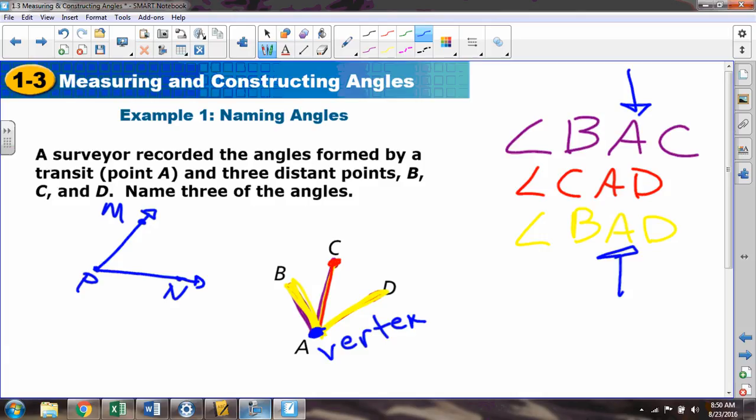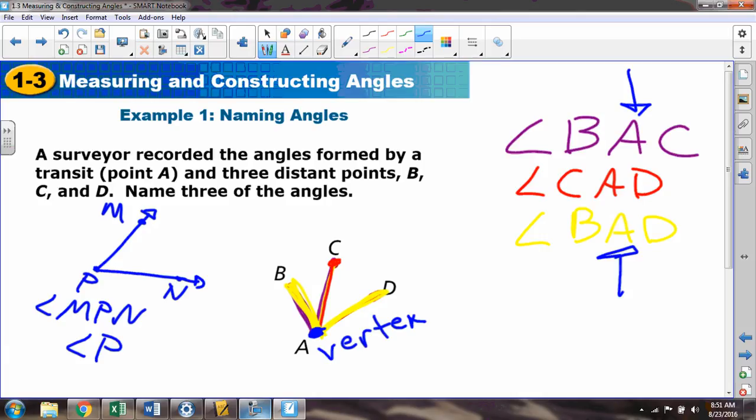There's no confusion for this. And so it is correct to call this angle M, then to P, then to N. This is correct. It's also correct just to say angle P. A lot of times, angles are named just with the vertex and nothing else. But you only do that if there's no potential confusion.